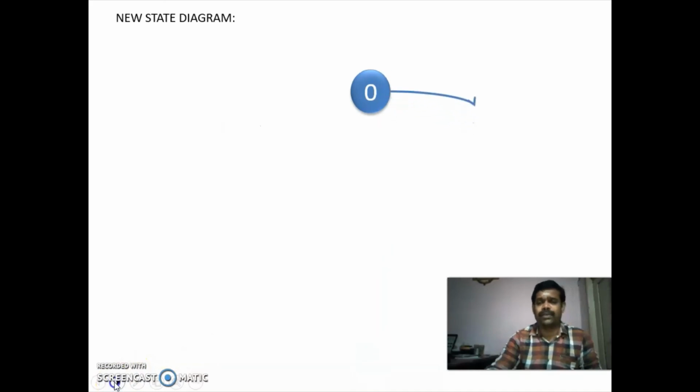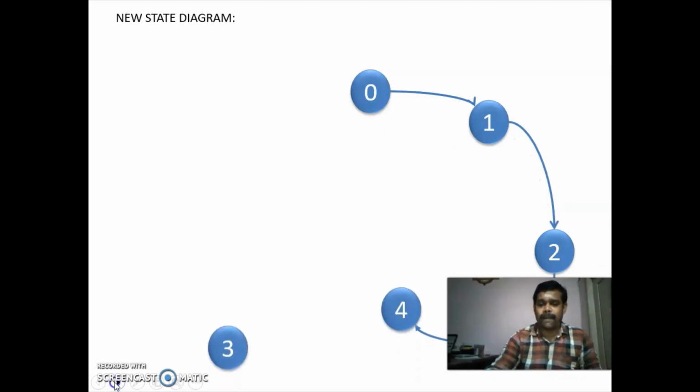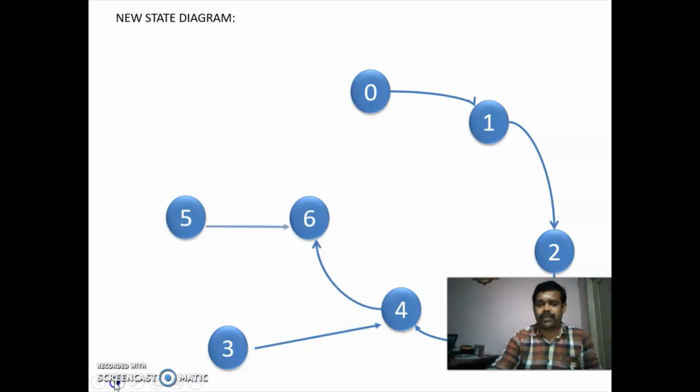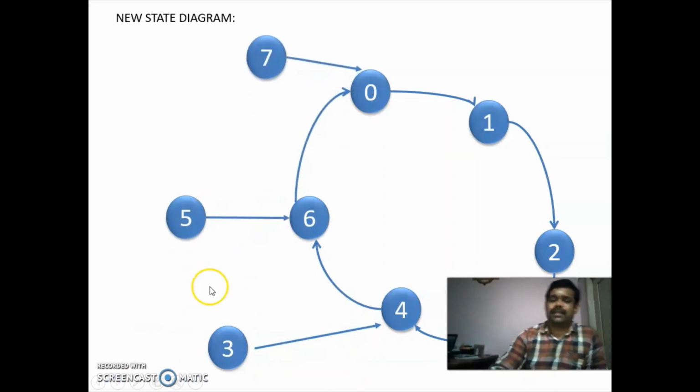Next we are going to draw the state diagram in which we are forcing the counter. From this state diagram we understand that if 0 is a present state, next it will be going to 1. If 1 is a present state, it will be going to 2.